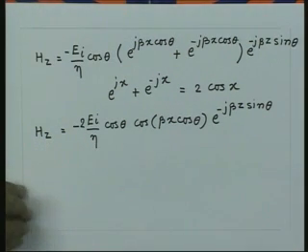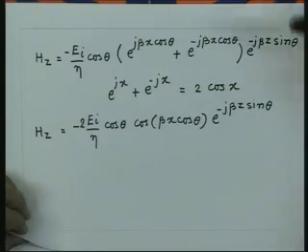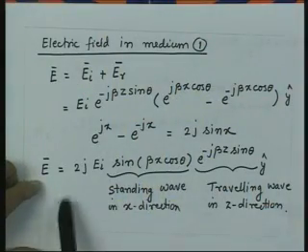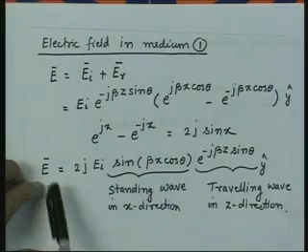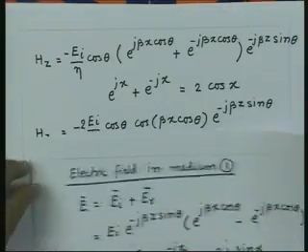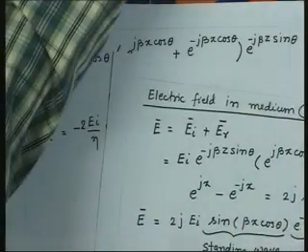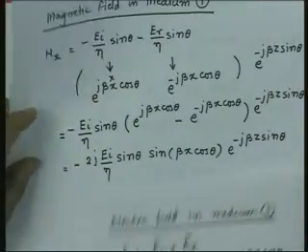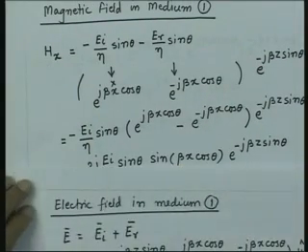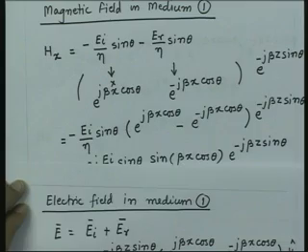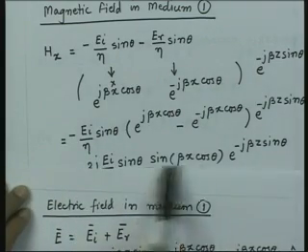Now we can make some observations from these 3 expressions which we got for the electric and magnetic fields. Firstly, if I plot the amplitude of the electric field as a function of x, when x is equal to 0, this quantity is 0, so the field is 0, and the same thing happens for the x component of the magnetic field. So whenever the electric field is 0, the x component of the magnetic field is also 0.